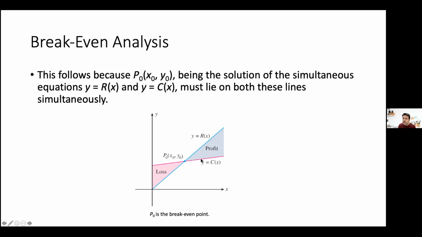Revenue minus cost. So this much you gain. If you produce more, this gap is going to be bigger. So bigger gap, bigger area, bigger distance, more money. And here on the opposite side, it's the same thing: we lose more money if we have a bigger gap.